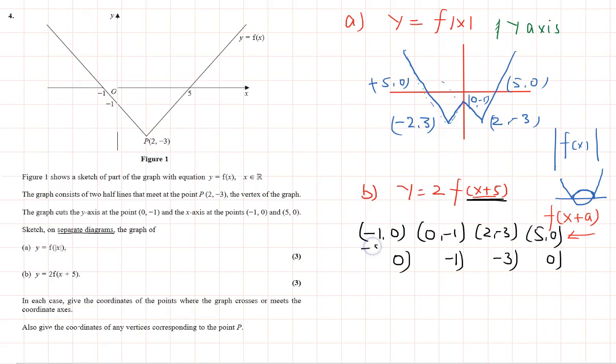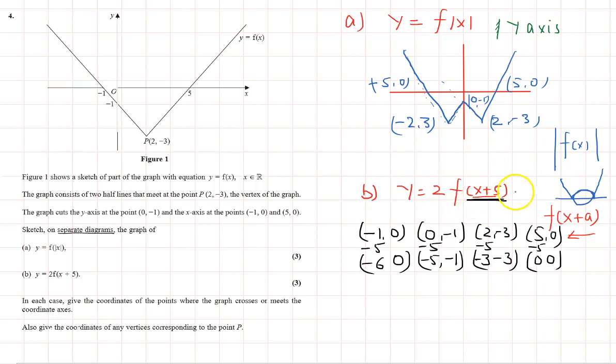So minus 5, minus 5, minus 5, minus 5. So this will become minus 6 and 0. This will become minus 5 and minus 1. This will become minus 3 and minus 3, and this will be 0 and 0.